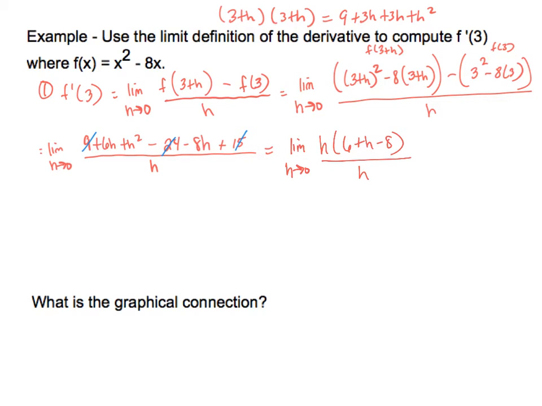Now that I have the h's pulled out, I can cancel them. That numerator, 6 plus h minus 8, simplifies to h minus 2. And now I still just have to evaluate the limit. So now that I've canceled out the indeterminate form, I can plug the 0 in. 0 minus 2 would give me a final answer of negative 2.